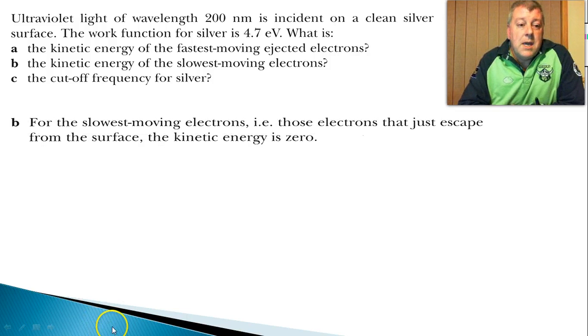Next one, B, the kinetic energy of the slowest moving electrons. The slowest moving electrons are those that only just escape the surface. Remember back to the theory, we had one only just reaching the surface, so their kinetic energy will be 0, and the only way we would notice those is if they found themselves in an electric field that pushed them to the collector plate.